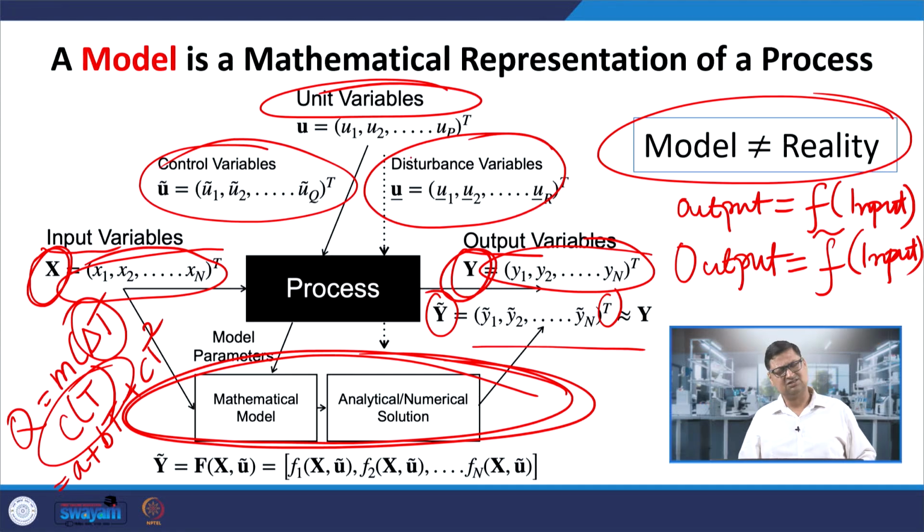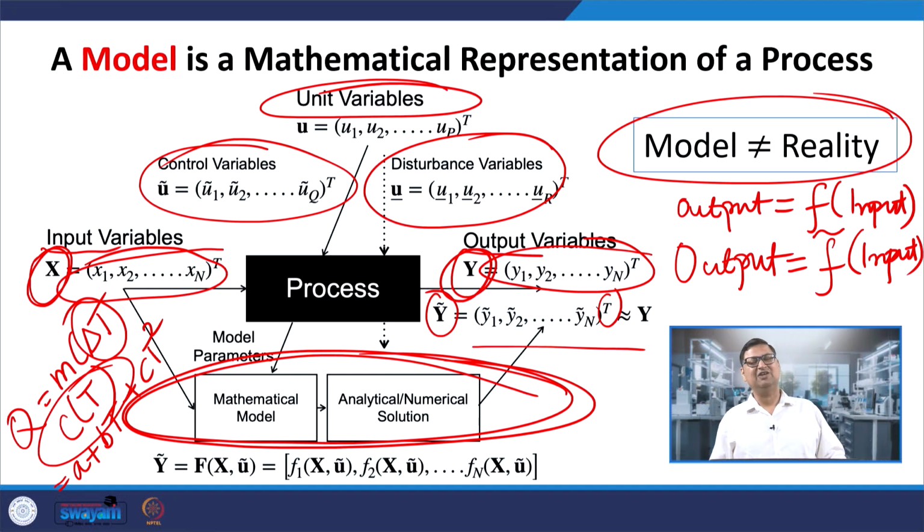My deviation between the model and the experimental reality is going to depend on which disturbance variables I have ignored. I can keep on accounting for all the disturbance variables like wind, let us say the outside temperature, things of that sort, and my model will become more and more complicated.